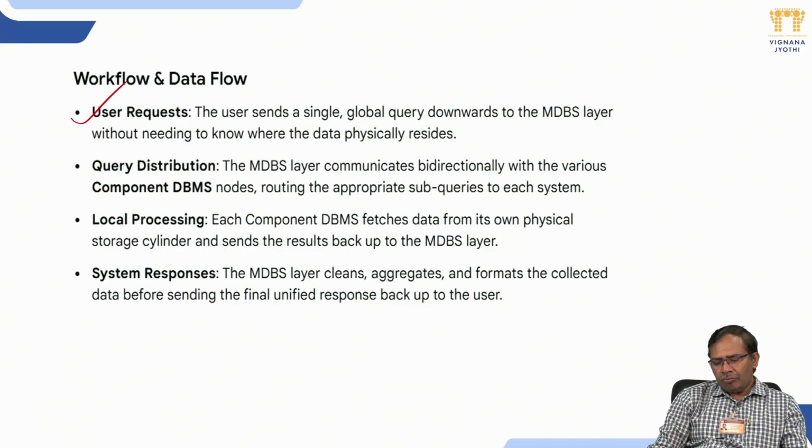The user may submit a query at location 1, but in order to run this query, the data may be available at location 5. But the user thinks there is a single storage, a single software system to which I am able to connect, where I am able to run the query and retrieve the data from.